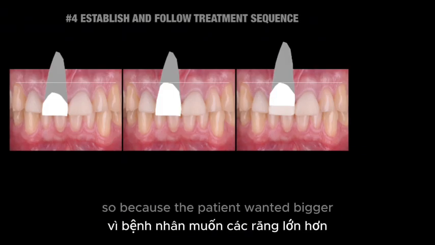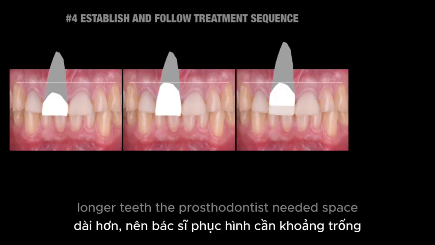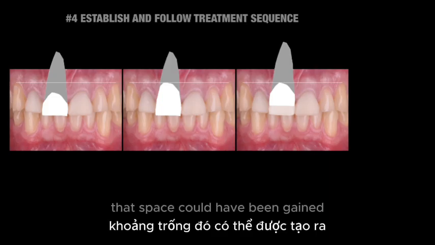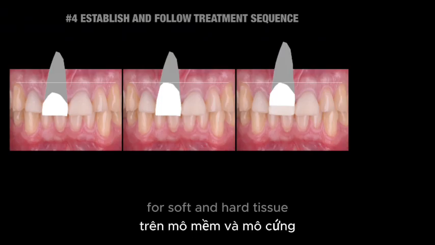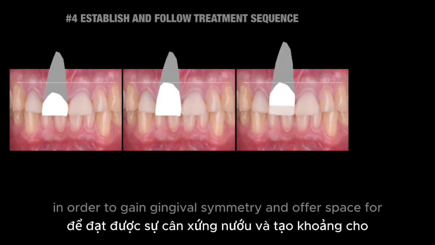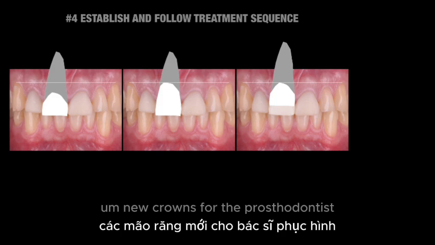So, because the patient wanted bigger, longer teeth, the prosthodontist needed space. That space could have been gained either by a surgical procedure for soft and hard tissue in order to gain gingival symmetry and offer space for new crowns for the prosthodontist.